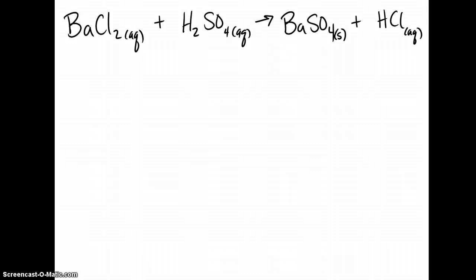So again, this time I'm not going to do the A, B, C, and D, but instead I'm going to just draw these out. We're going to have our beaker here.